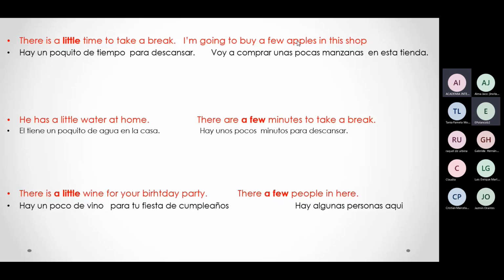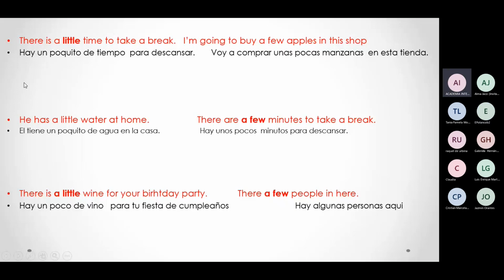Now, how can we interpret the first sentence? There is a little time to take a break. Como hay un poquito de tiempo, ¿verdad? Nunca lo vamos a decir como un pequeño, sino que un poquito de tiempo para descansar. I'm going to buy a few apples in this shop. Voy a comprar unas pocas o algunas manzanas en esta tienda.